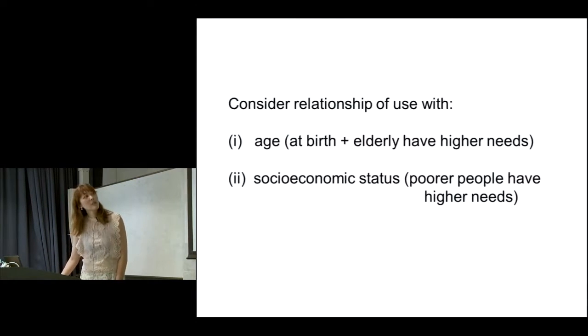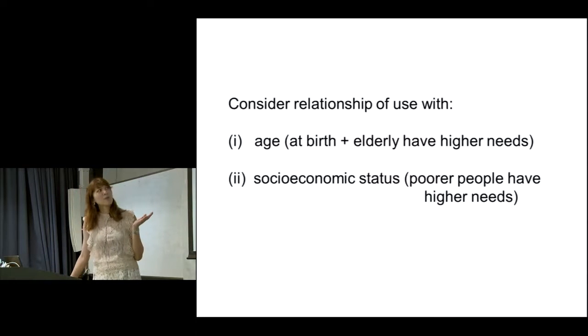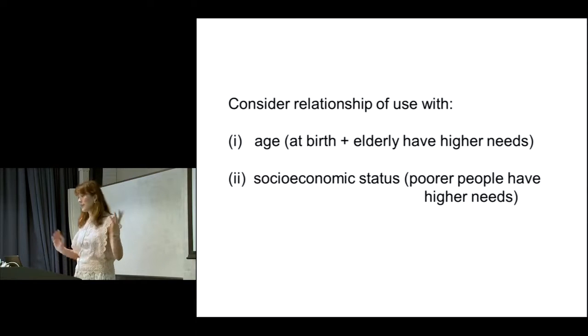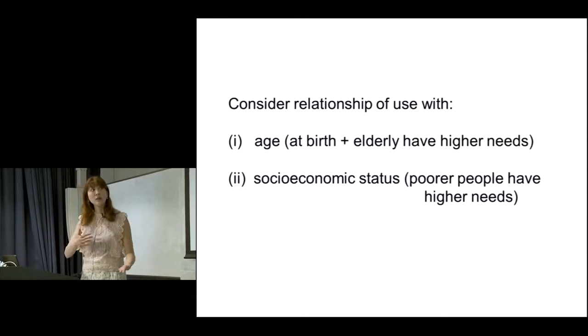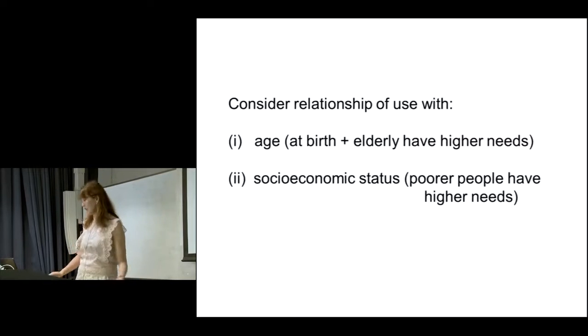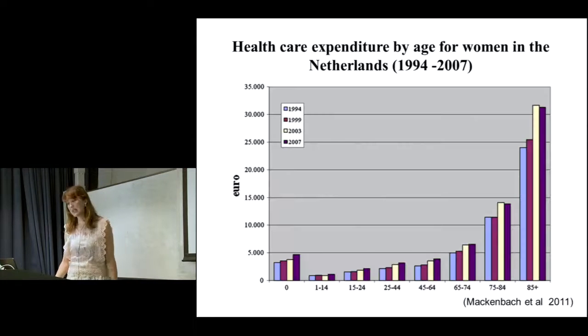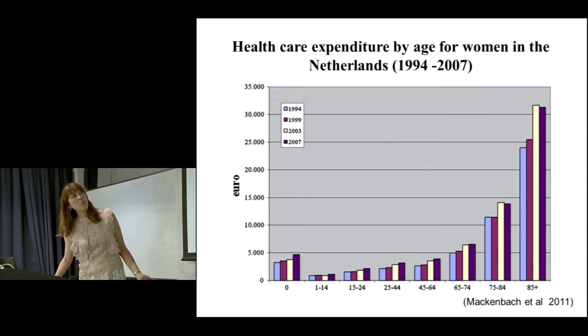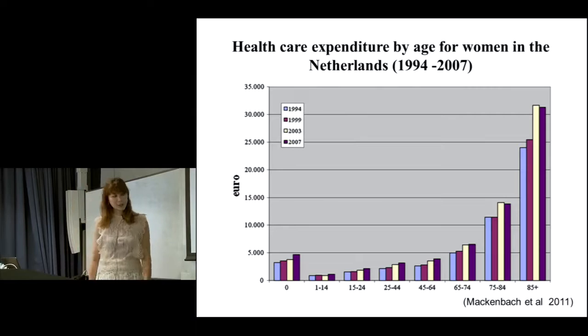How widespread is this in London? Let's consider a couple of things. Birth, age. At birth, the elderly may have higher levels of need. And look at socioeconomic status, because we know the poorer may have higher needs. So these things we know, and let's have a look at the data. So this is health expenditure for women in the Netherlands, in Holland.